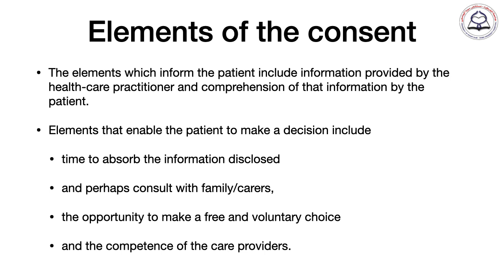Sometimes the patient might need to get a second opinion, an opportunity to make a free and voluntary choice, and also time to ask about the competency of the healthcare provider during the intervention.